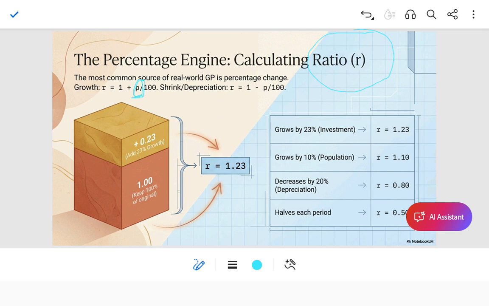So for example, if I say the percentage growth is 2, then you have to remember what will be the next.